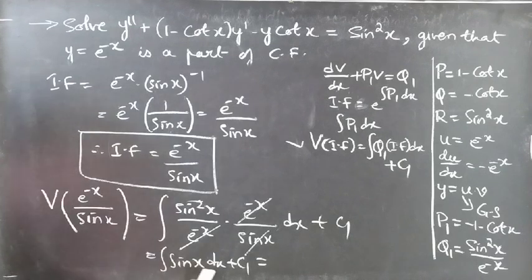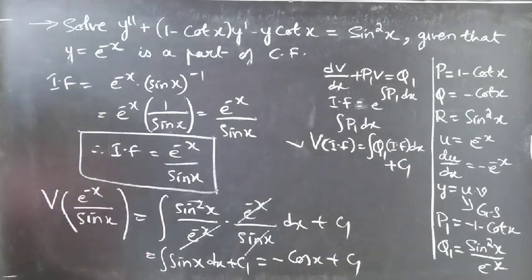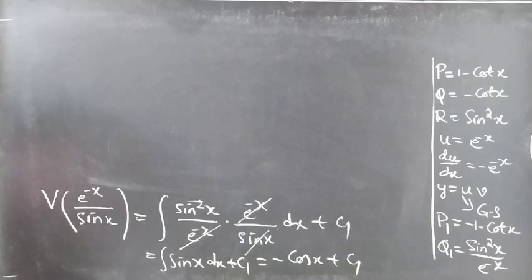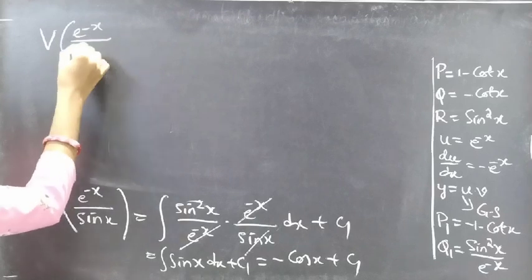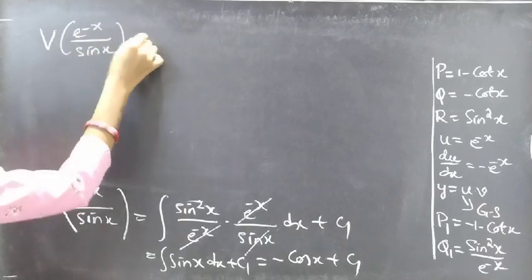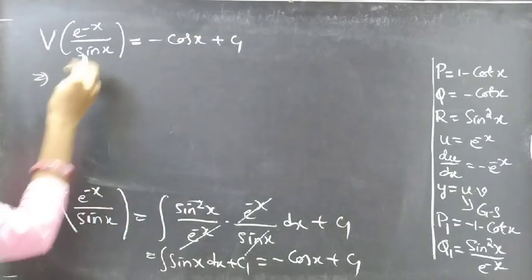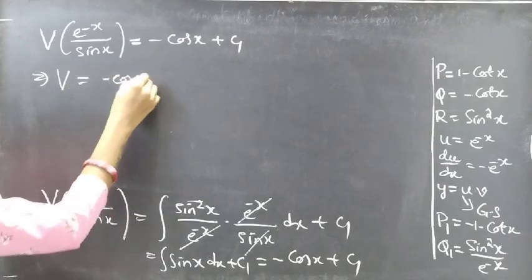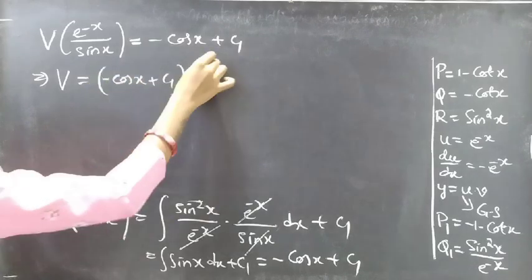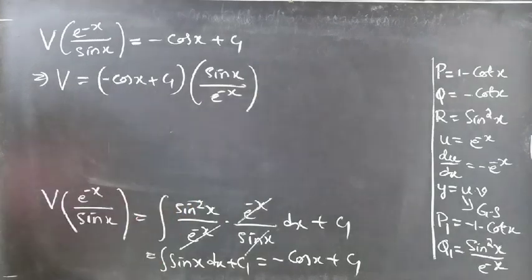We know that integral sin x dx is minus cos x plus integral constant c1. Now we have V into e power minus x by sin x equal to minus cos x plus c1, right? Now take this term to the RHS, we'll get V equal to minus cos x plus c1 into sin x by e power minus x.